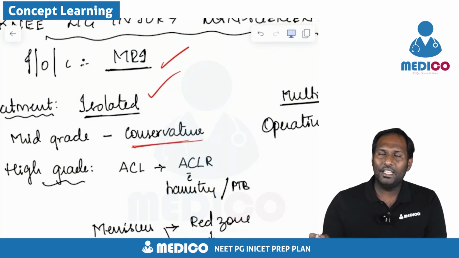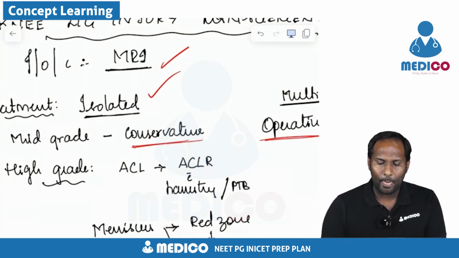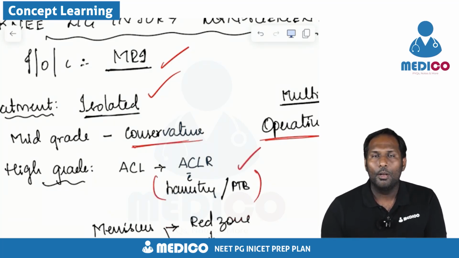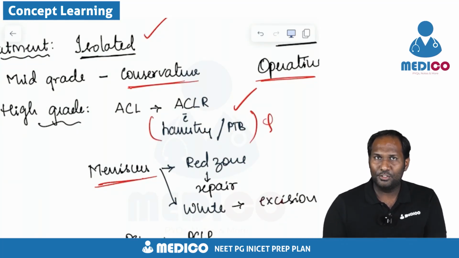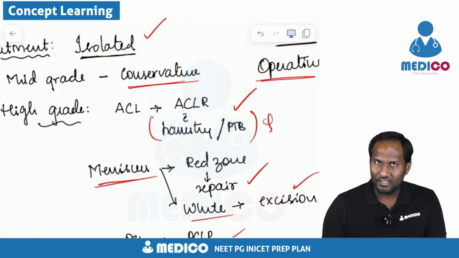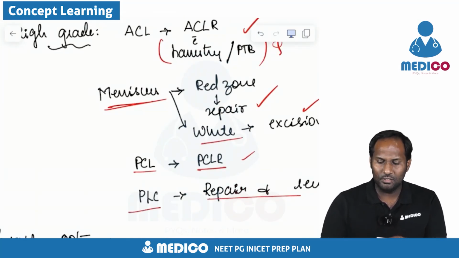If it is a multiligament injury, even if mild, go for operative management. For a high-grade ACL injury, you do a reconstruction of the ACL using hamstring or patellar tendon, PTB. For a meniscus, if it is in the red zone, you can repair. If it is in the white zone, you cannot, and you will have to excise it. For a PCL, reconstruction; for PLC, repair and also reconstruct.